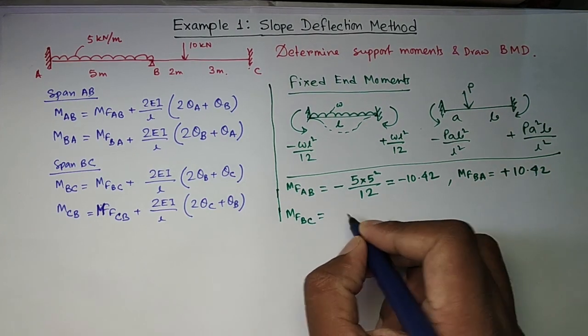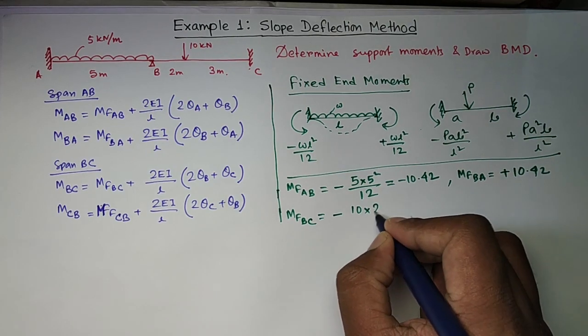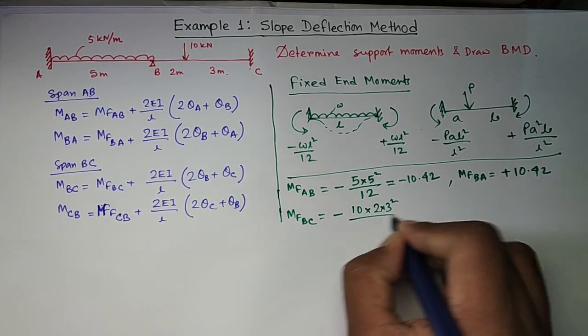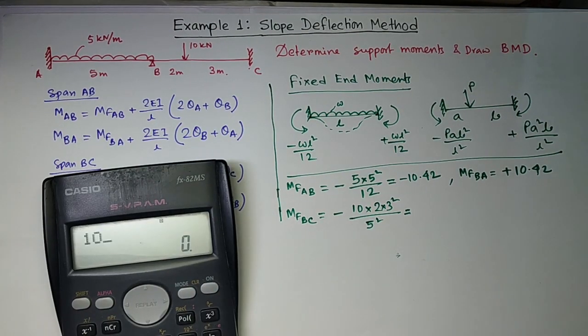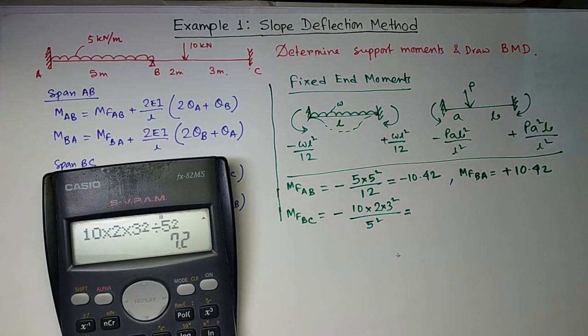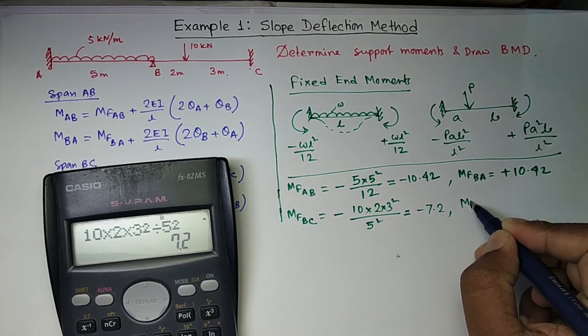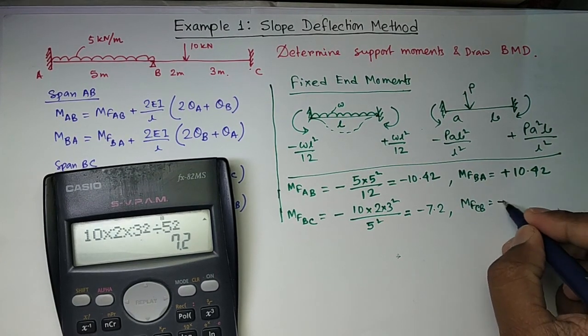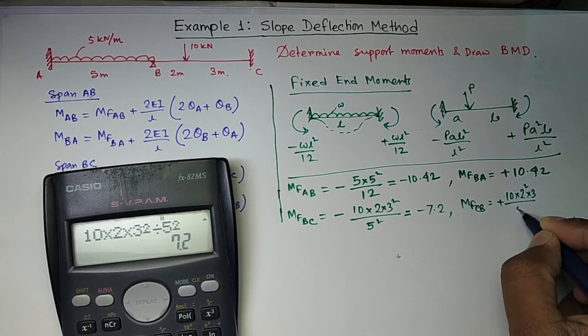MFBC equals minus P into A B square by L square, with P as 10, A as 2, B as 3, and L as 5. MFCB equals plus 2 square into 3 by 5 square.